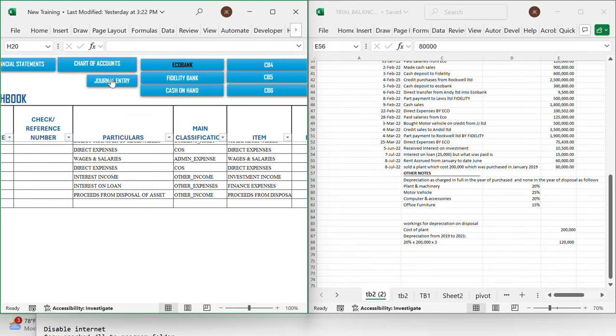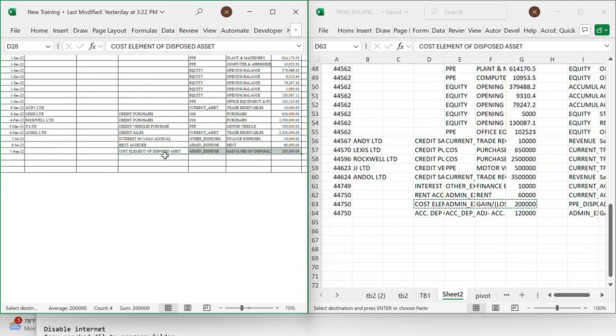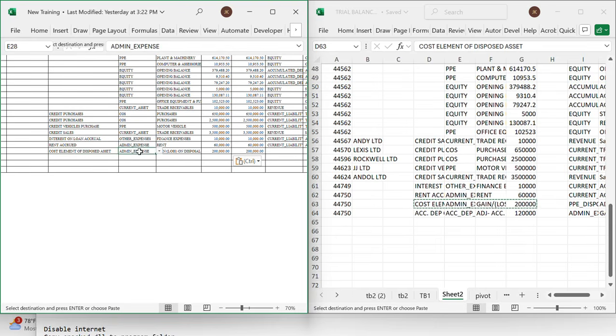What I'm trying to do is that instead of first debiting a disposal account with the 200,000, we are going to debit it to the gain or loss on disposal of assets, right? So let us do that first. 8th July 2022. All right, so we are done with that. The description is cost element of the disposed assets. And under administrative expenses, we selected gain or loss on disposal.